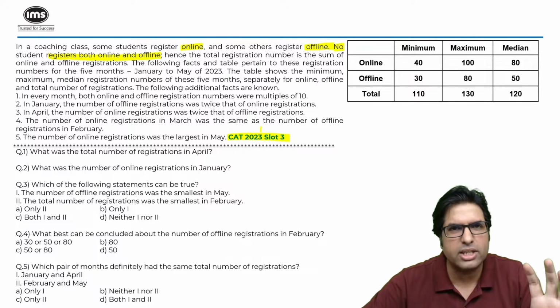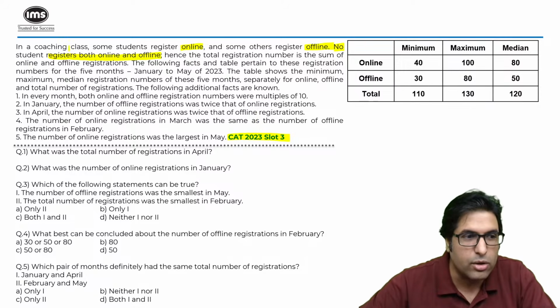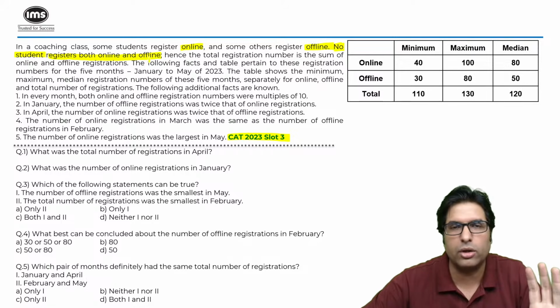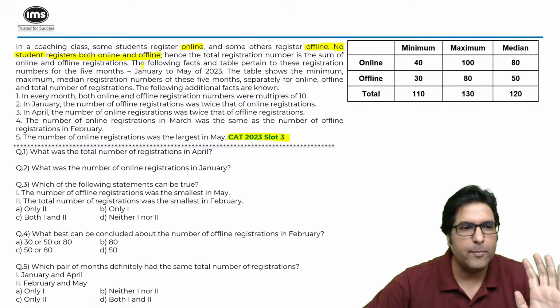You can find numerous other sets in CAT previous year's paper which are based on mathematical reasoning, and they will invariably, one way or the other, directly or indirectly, tell you that there is nothing in common, no student registers for both, which means online can move completely separately with offline.